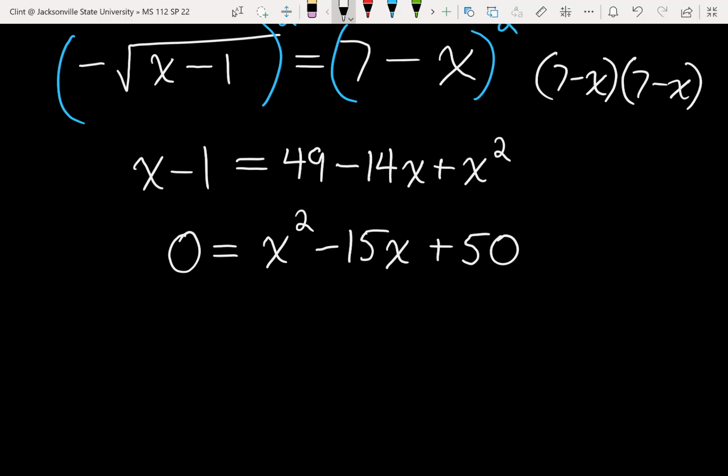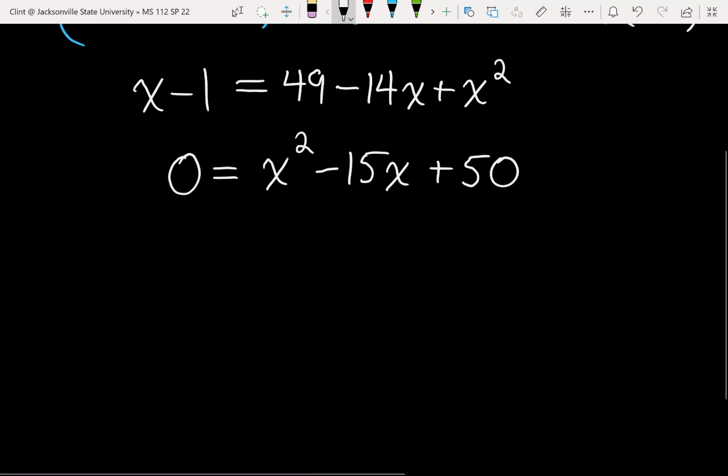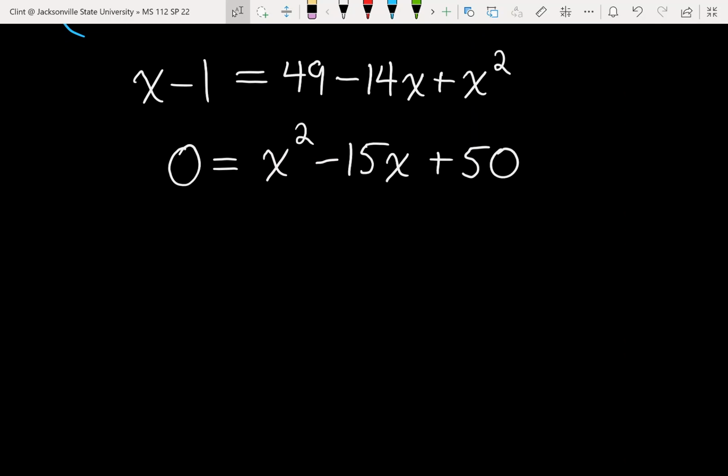Okay. And from there, we can do quadratic formula. It may factor. Yeah, it'll factor. So since it'll factor, that's what I'm going to do on this one. You could do quadratic formula if you prefer it. We need factors of 50 that will give us negative 15 in the middle.